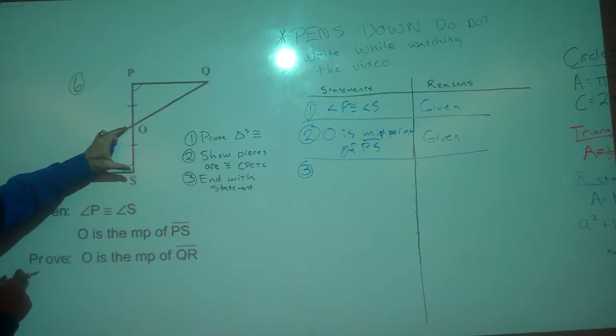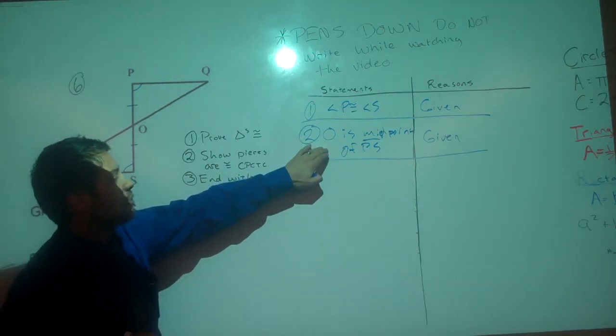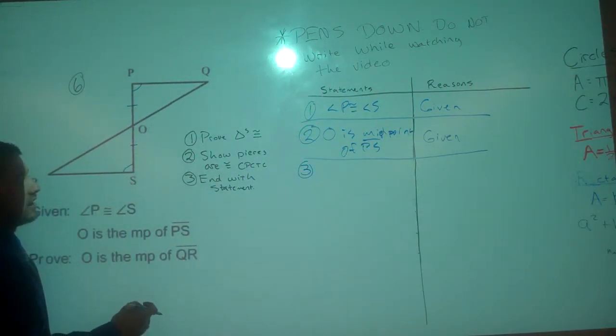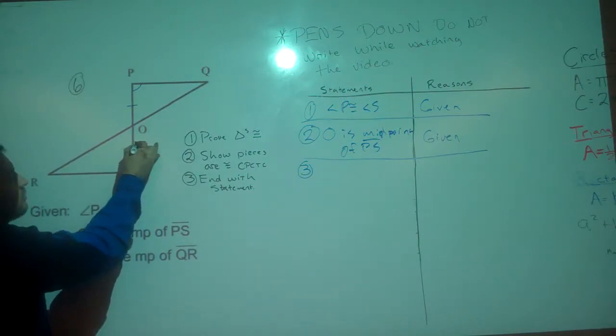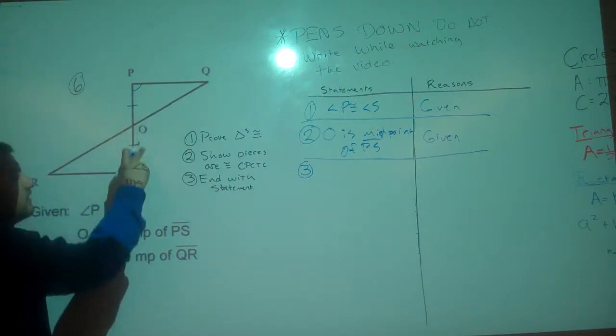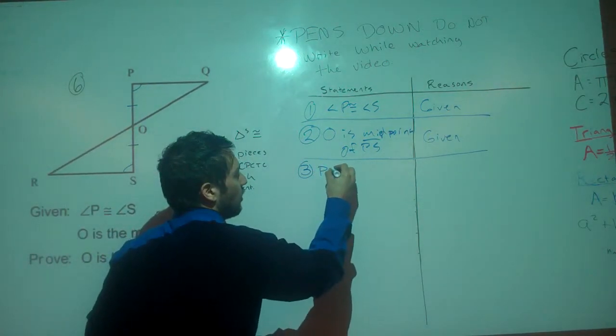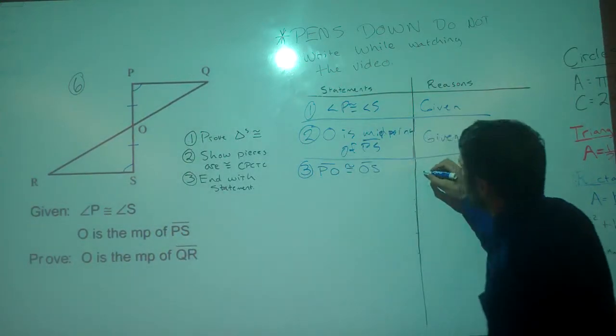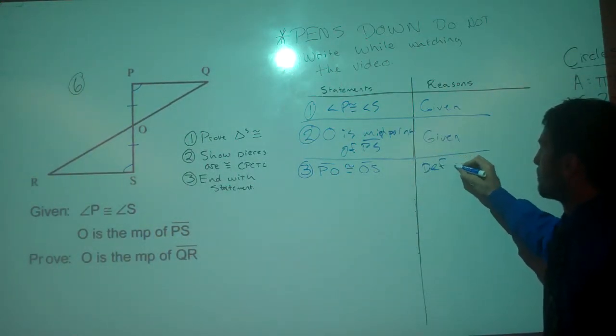That is the logical conclusion from O being a midpoint, that these two pieces are the same, but you must state it. You cannot simply draw it in the picture without having stated it. So at this point, I must say that PO is the same as OS if I want to put it in the picture. This is the definition of a midpoint, that the two pieces are the same.